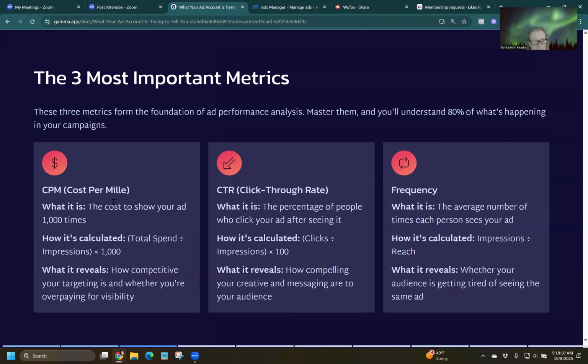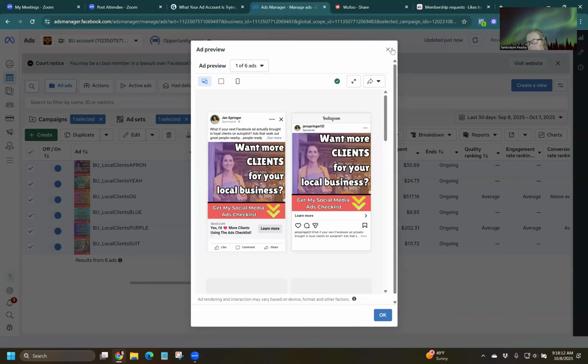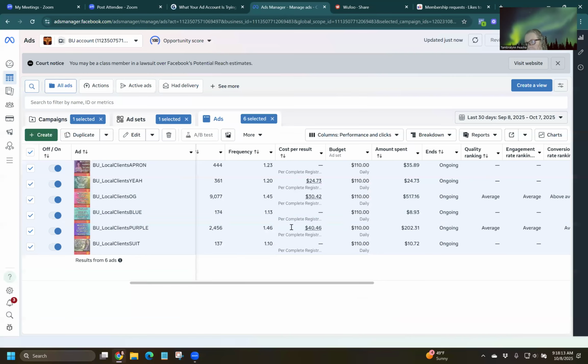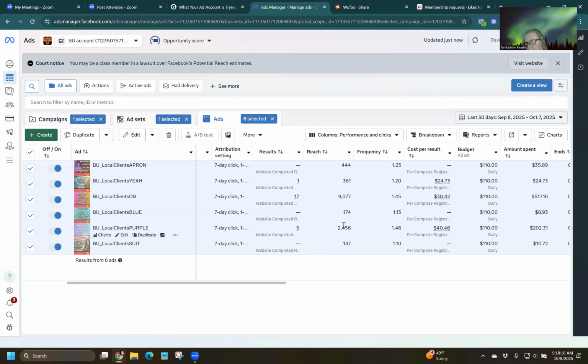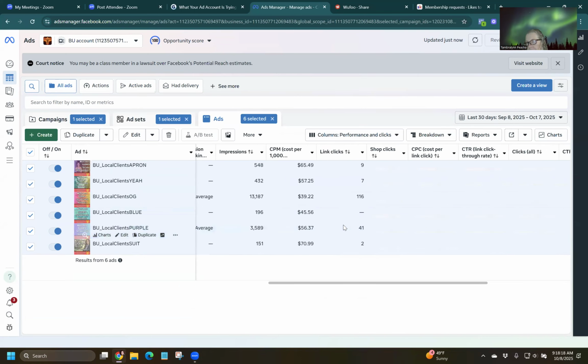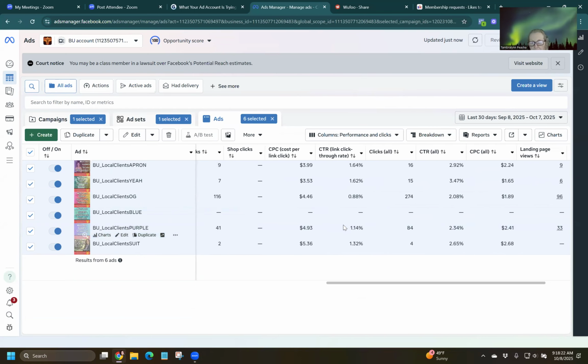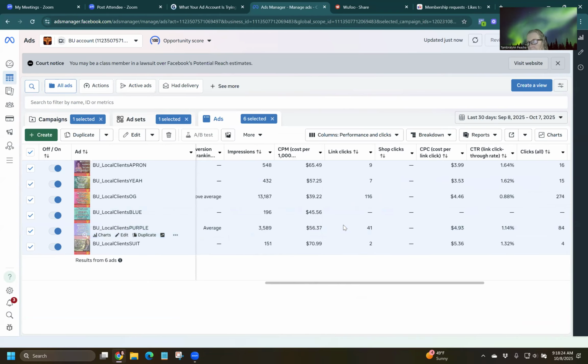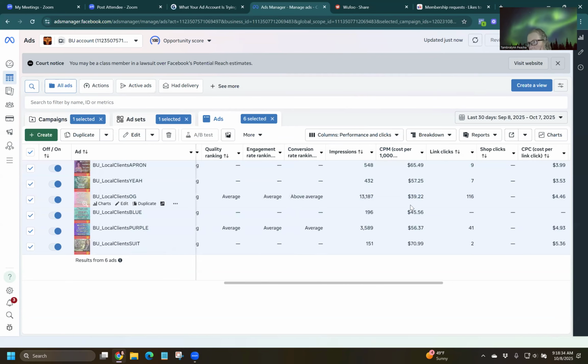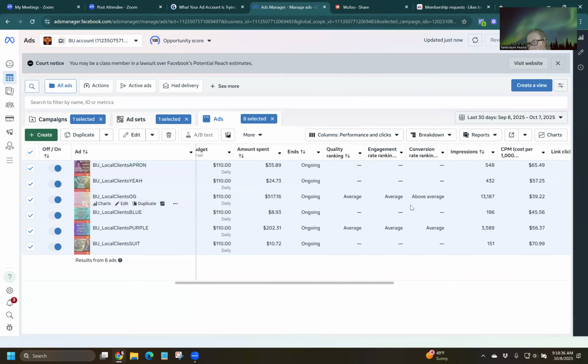When you look at these columns, they're doing a lot of math for you, but ultimately, where's CPM? There it is. Ultimately, they are charging you according to how many impressions. But like I said, these other columns are just them helping you out with the math.